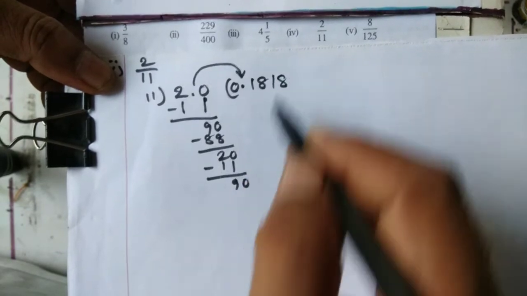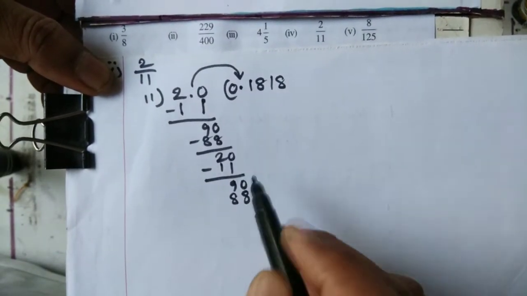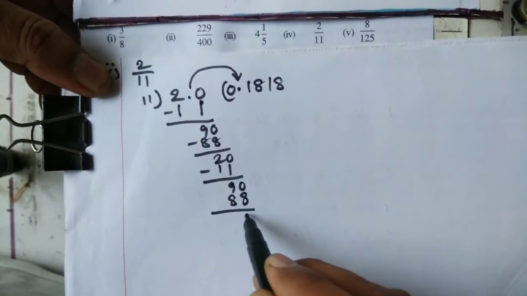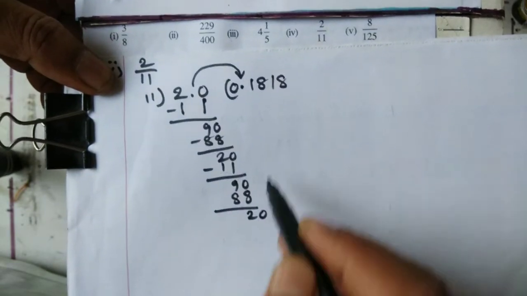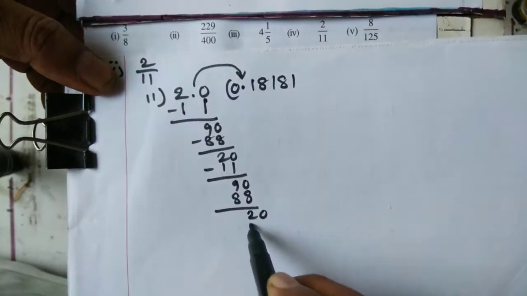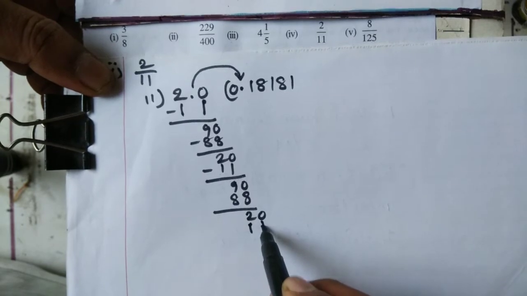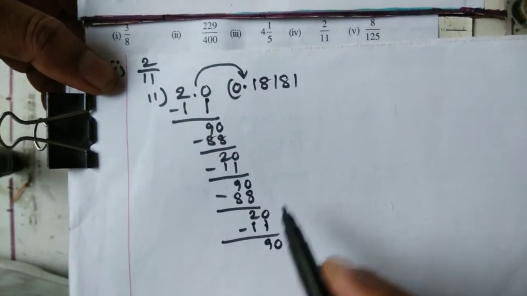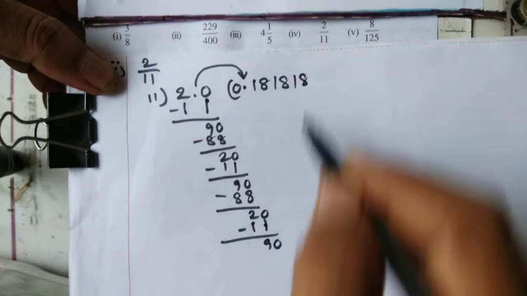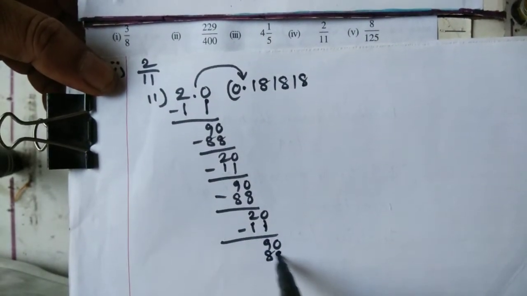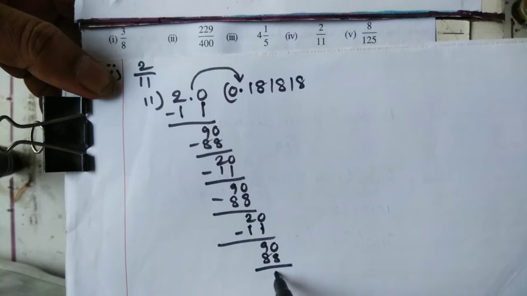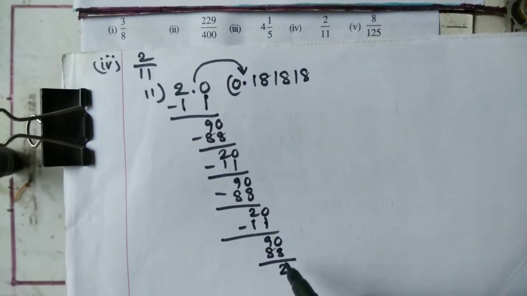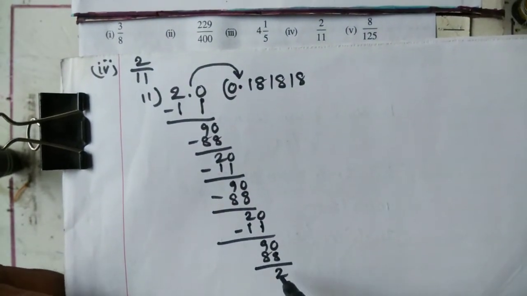11 8s are 88. 2. Bring down 1 0. 11 1s are 11. 9. Bring down 1 0. 11 8s are 88. So every time we are getting a remainder.